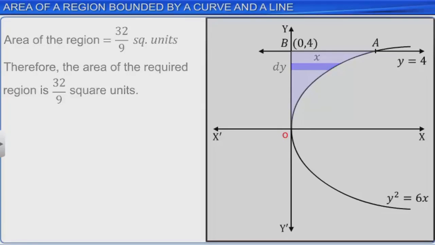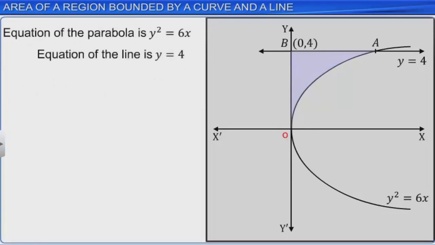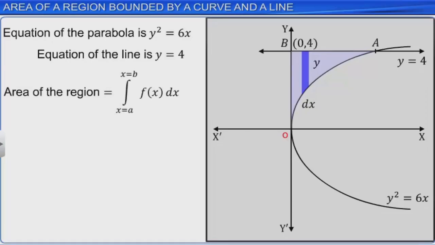The strip covers the whole shaded region when moved parallel to the y-axis from the y-axis to point A. So the area of the shaded region is given by the integral of f(x) dx from x = a to x = b, where f(x) dx is the area of the strip. a represents the x-coordinate of any point on the y-axis and b represents the x-coordinate of point A.